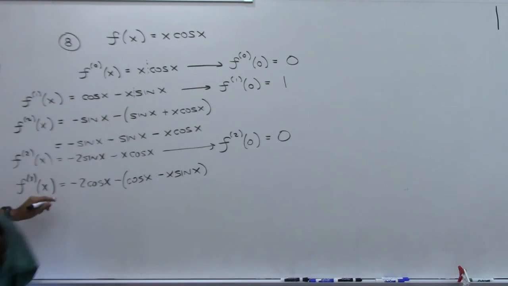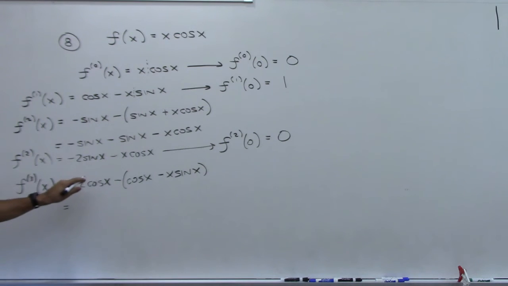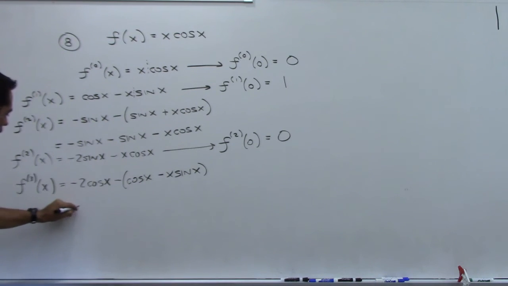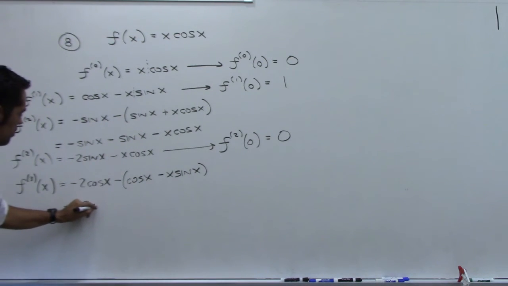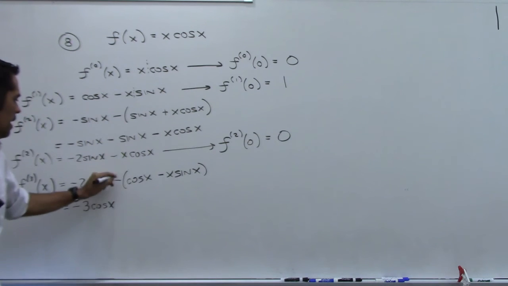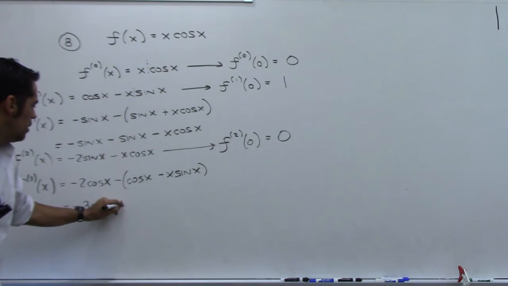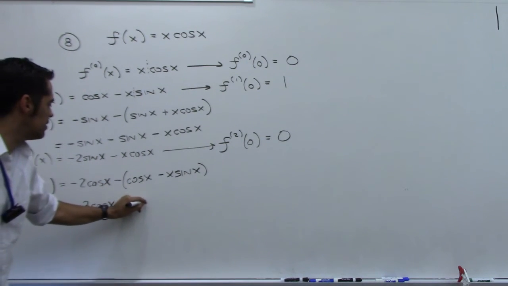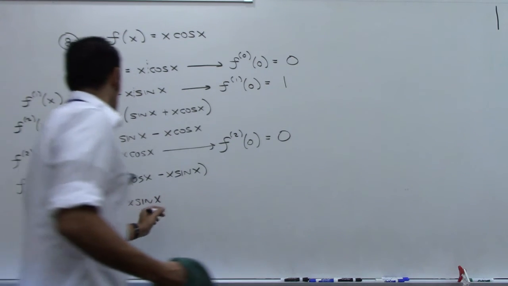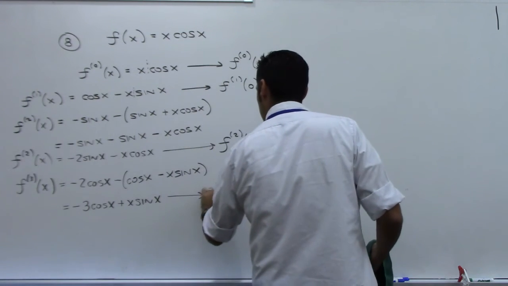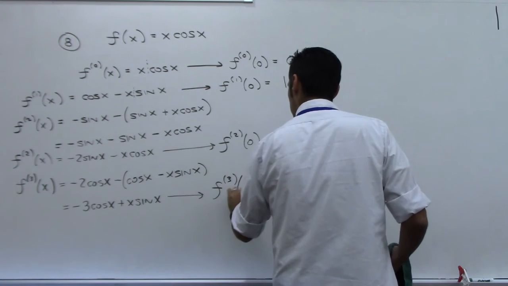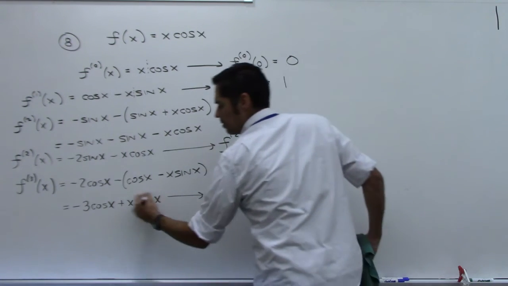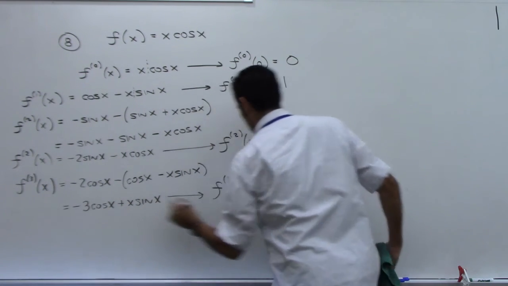And cleaning up here, distribute the negative through, I get negative 3 cosine x, and then plus x sine x. If I plug in 0, 0 kills this off. Cosine 0 is 1, I get negative 3.